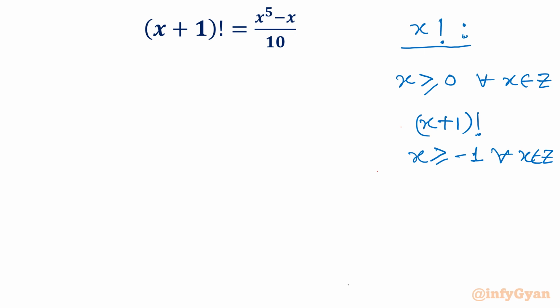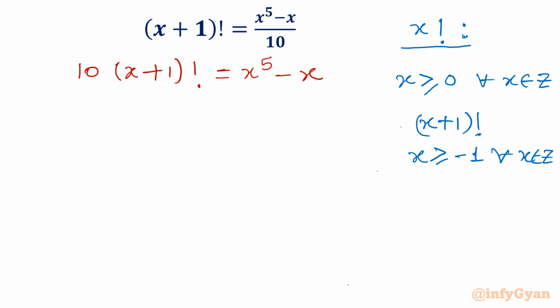Now I will multiply our given equation by 10. So we will get 10 times (x plus 1) factorial equal to x to the power 5 minus x.